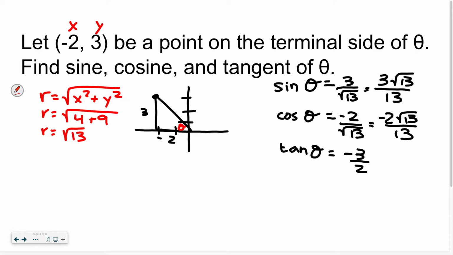Remember that your angle theta will always happen right around the origin. This was where our terminal side passed through that point, but we created the right triangle. So I do this work to get my r value of square root 13, which will always be positive. And I can, of course, still do y over r, but I might be looking at more the way I've always done it in geometry: opposite over hypotenuse, adjacent over hypotenuse, opposite over adjacent.